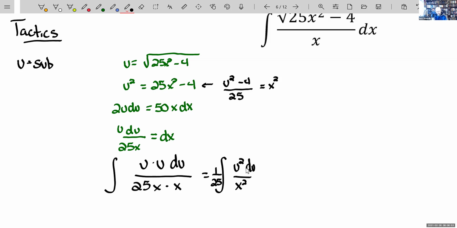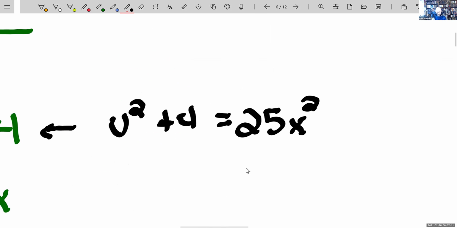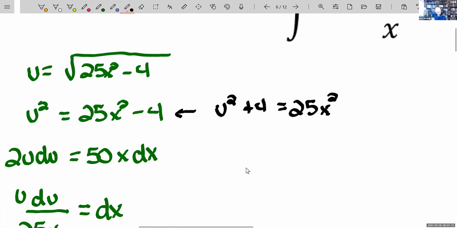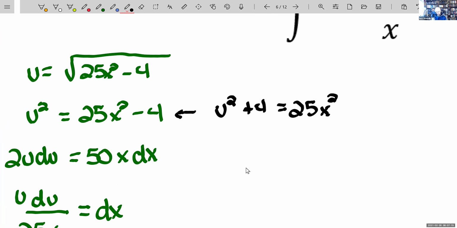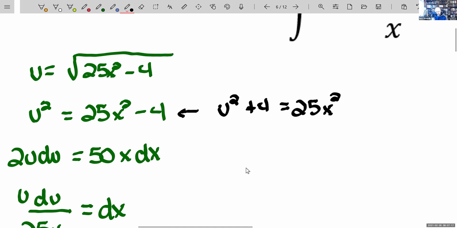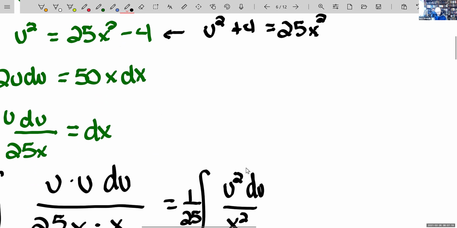That's kind of neat. In fact, I probably would write it this way: 25x squared is equal to u squared minus 4, or plus 4. Geez, me and my pluses and minuses. Plus 4. So if you do that substitution, the u substitution that we chose, then you know that 25x squared is the same thing as u squared plus 4.